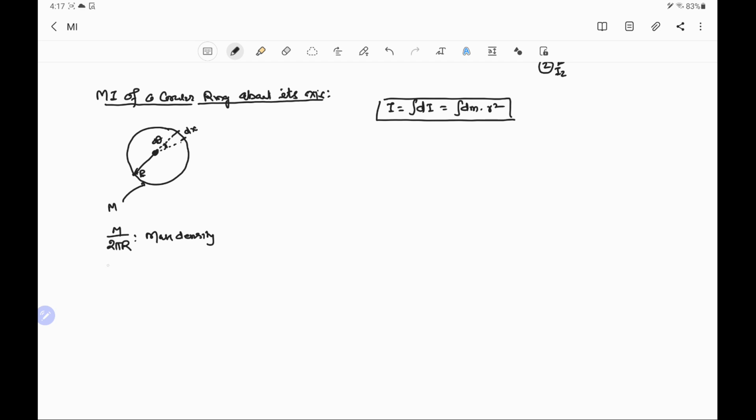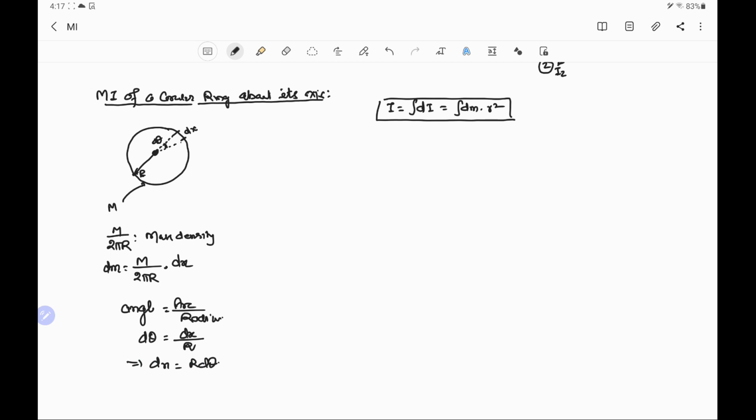So the mass of this elementary length is dm, and we can write dm is equal to mass density multiplied by the length of the part. This is dx. So this is the elementary mass. And this elementary length dx subtends an angle d theta, and using the formula angle equal to arc by radius, we can write d theta equal to dx by r, or dx equal to r d theta.